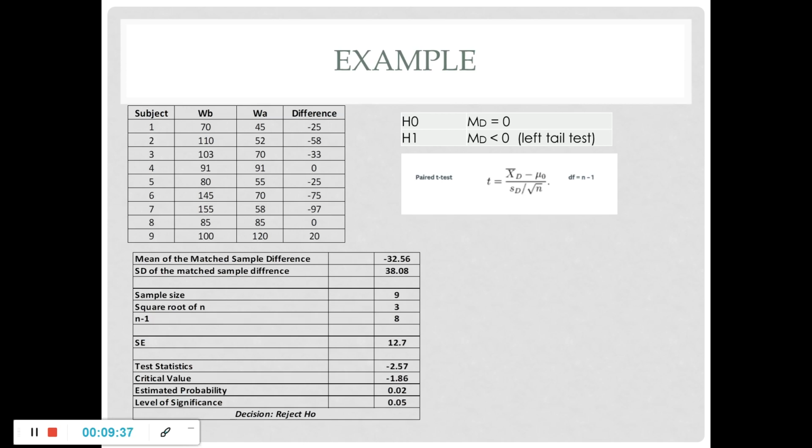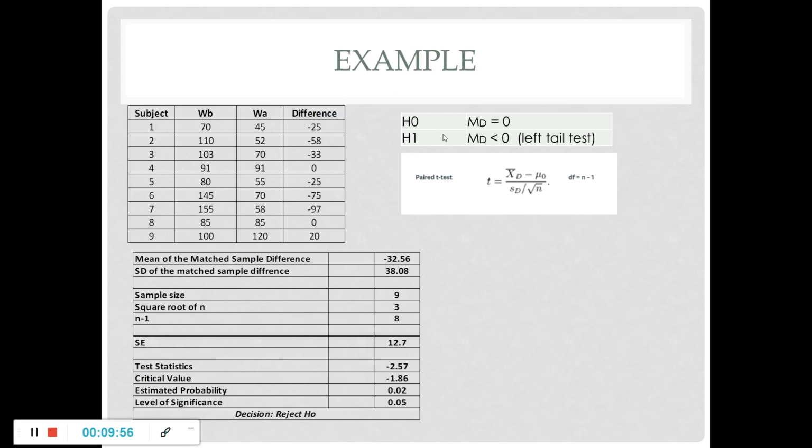So it is of course a left tail test. So your alternative hypothesis will be that the mean of the matched population difference is less than 0.